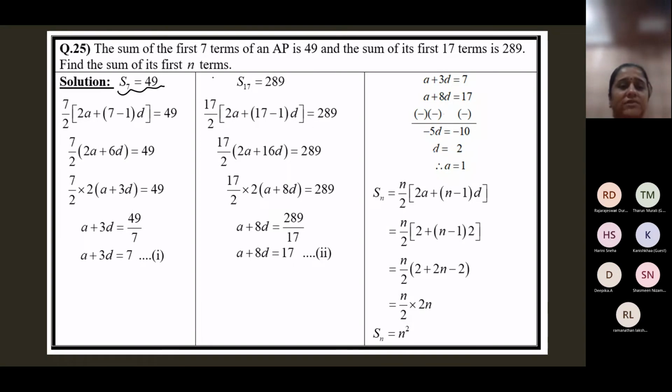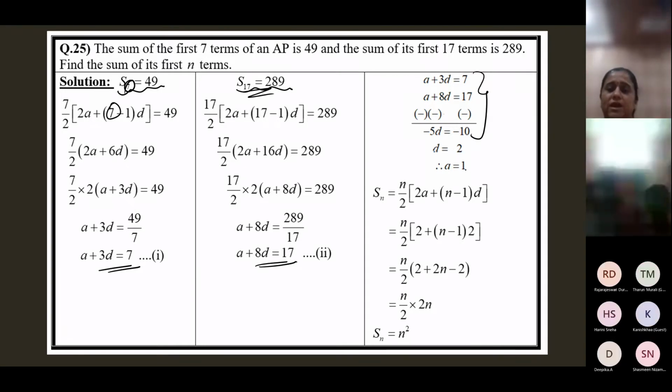S7 is given, and then S17 is given. So use the formula n by 2, 2a plus n minus 1 into d. You don't know a and d. You only know n is 7. You don't know the AP at all. So you will get one equation in a and d. Again, you will get another equation in a and d. Solve the two equations and find the values of a and d.